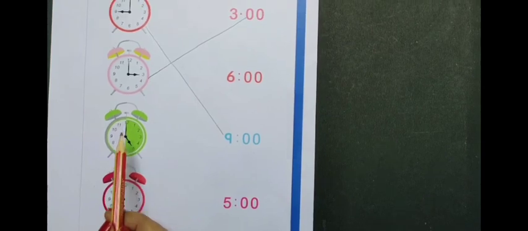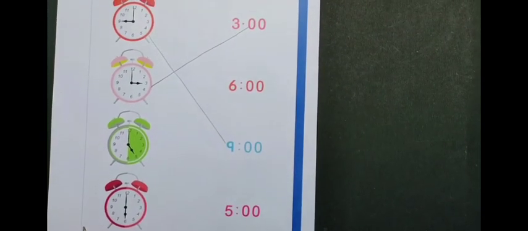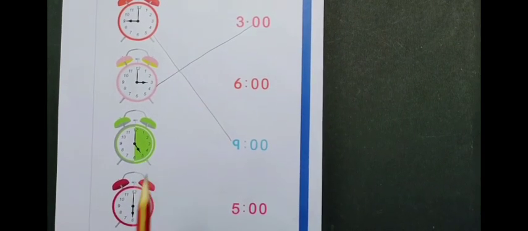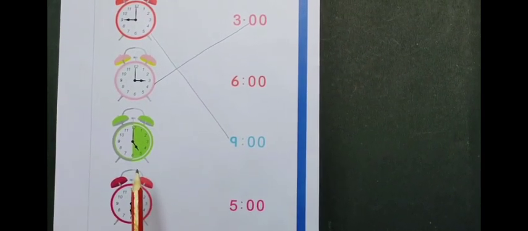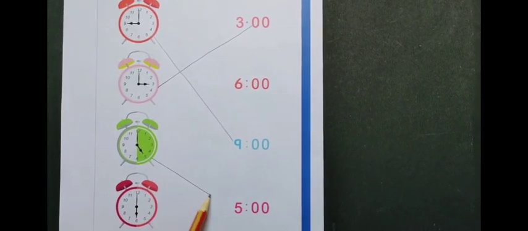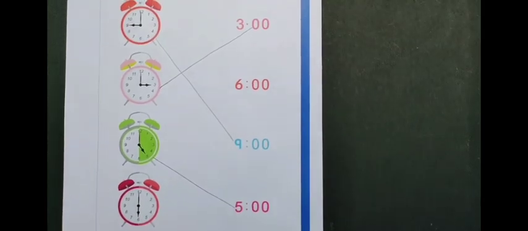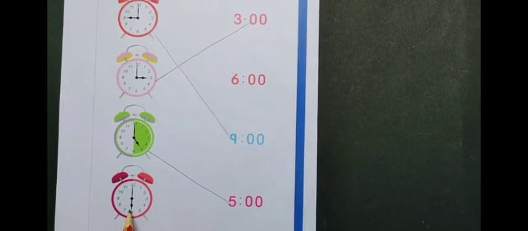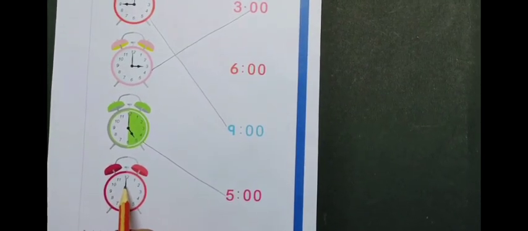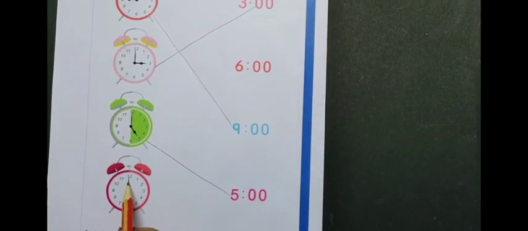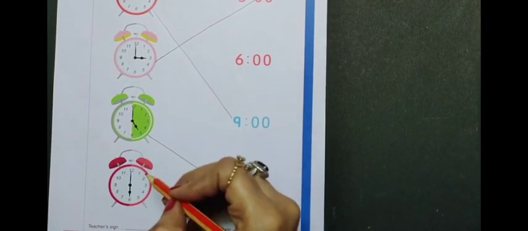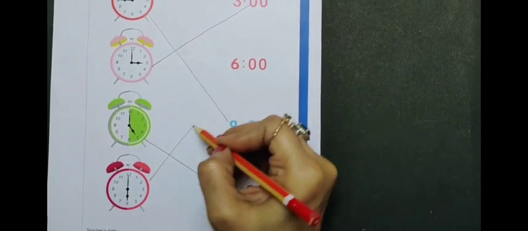So children, can you tell me what is the time? Yes, it is 5 o'clock. So we will match this clock to 5 o'clock. And the last clock, the short hour hand is on 6 and the long minute hand is on 12. So it is 6 o'clock. So we'll match this clock to 6 o'clock.